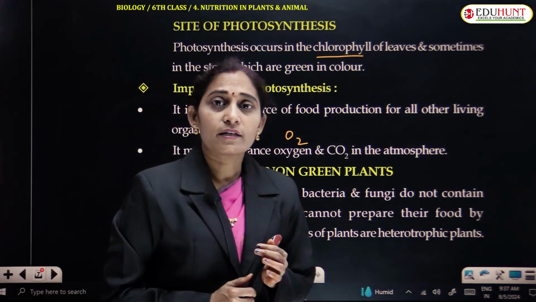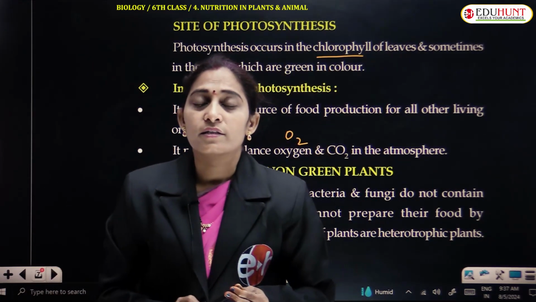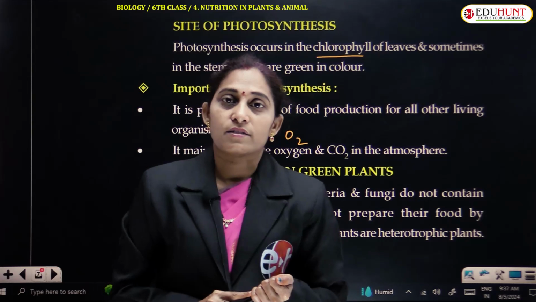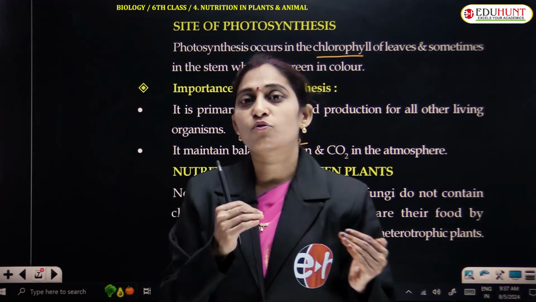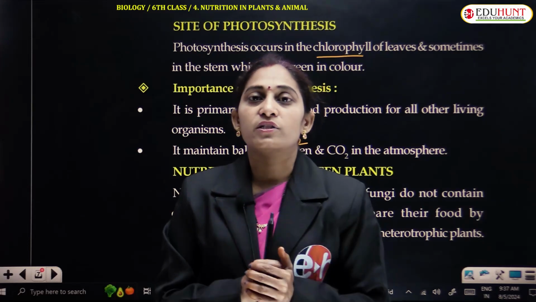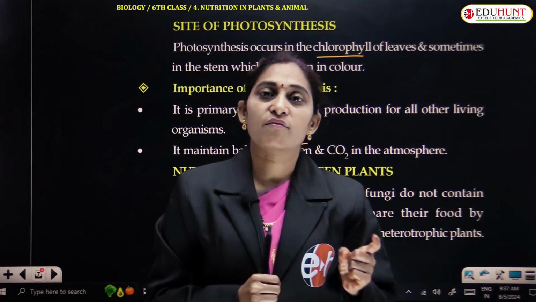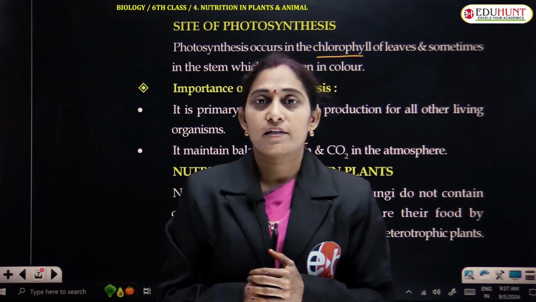This is regarding nutrition in green plants, that is, photosynthesis in brief. In photosynthesis there are two different stages or steps. One is the light reaction and the other is the dark reaction.